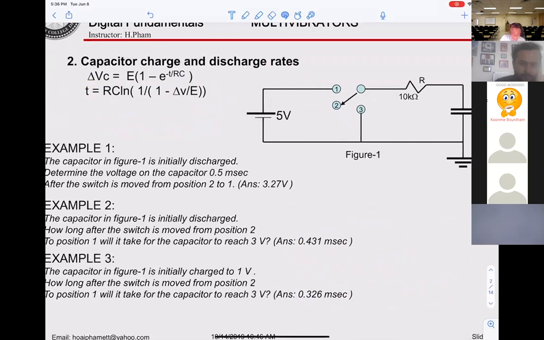So in the first example, they say the capacitor is initially discharged. That means VC equals 0. They want to know the voltage on the capacitor after 0.5 millisecond, if the switch is moved to position 1. So basically you move the switch in here.